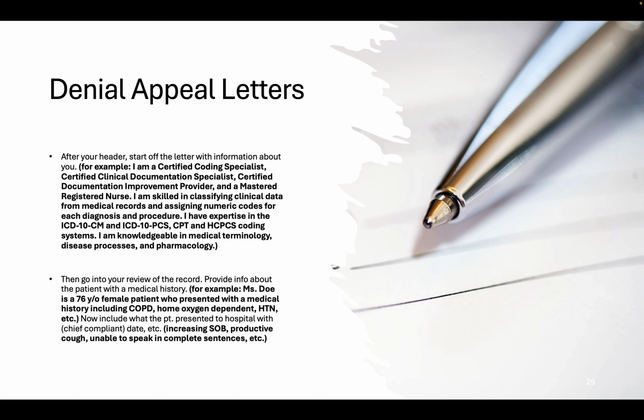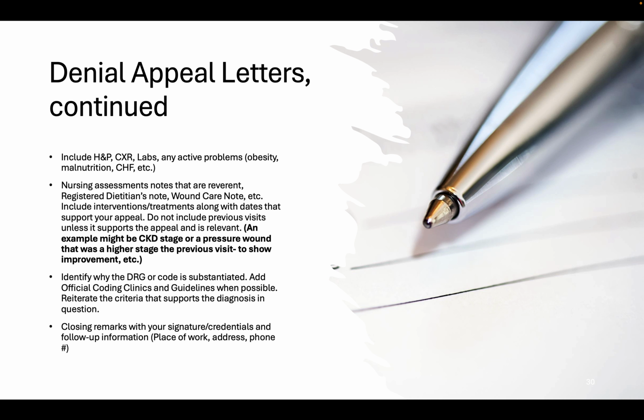You might say she has CVA, depression, malnutrition. Then include your H&P, chest x-rays, labs, and any active problems such as obesity, malnutrition, CHF. Then your relevant nursing assessment notes, registered dietitian notes, wound care notes, etc. Include interventions and treatments, along with the dates that support your appeal.